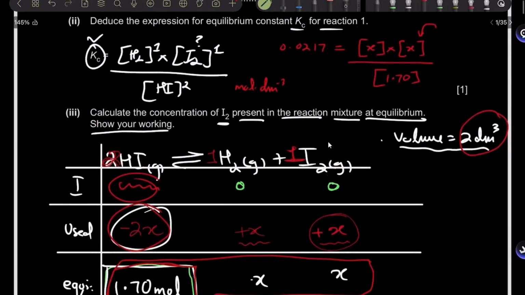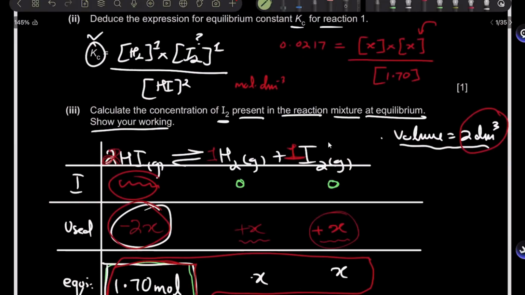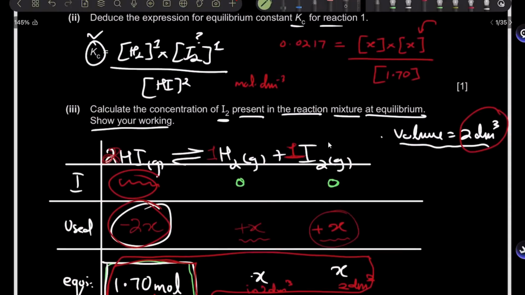So if I have these moles in 2 dm cube, can I find out how many moles I would have in 1 dm cube? This is also in 2 dm cube. Can I find out how many moles I would have in 1 dm cube? So for HI, how many moles do I have in 1 dm cube? 0.85. So 0.85 moles in 1 dm cube, per dm cube.